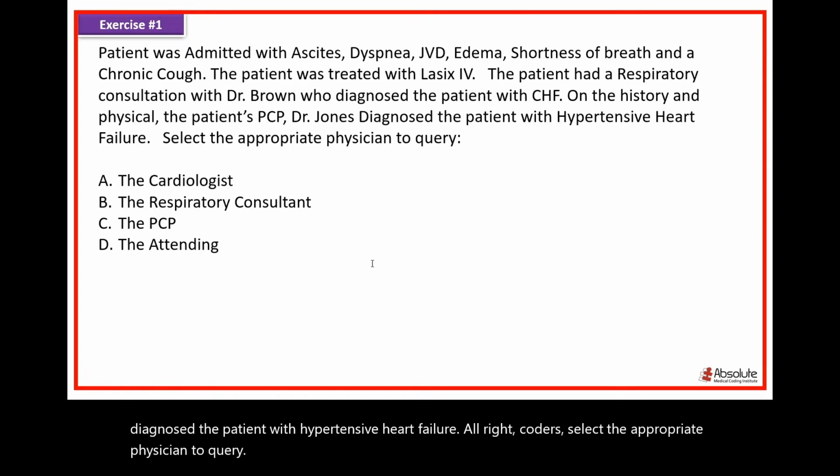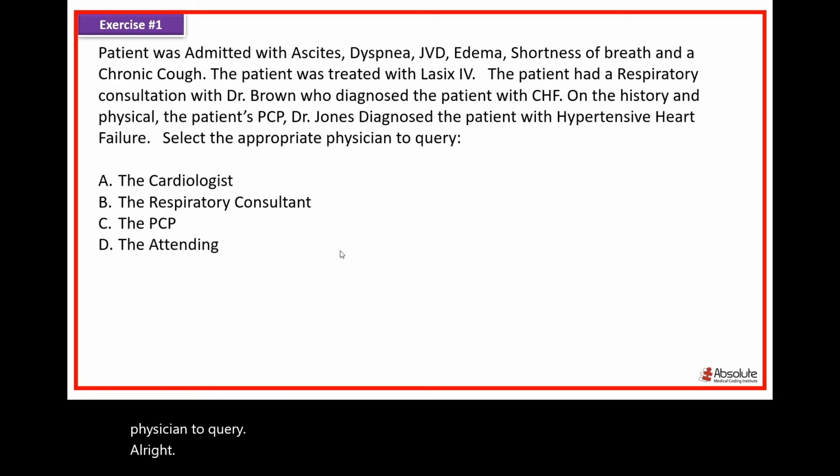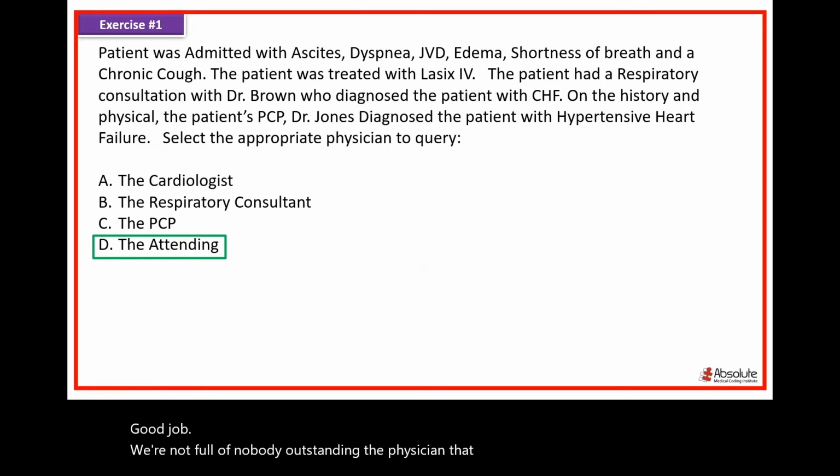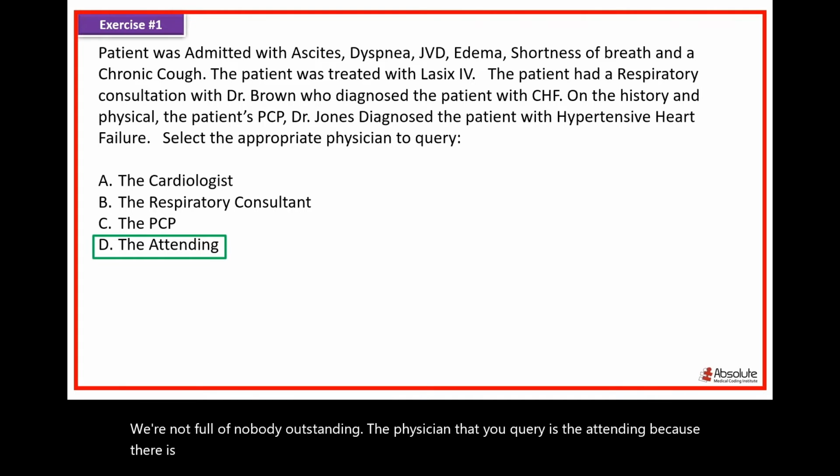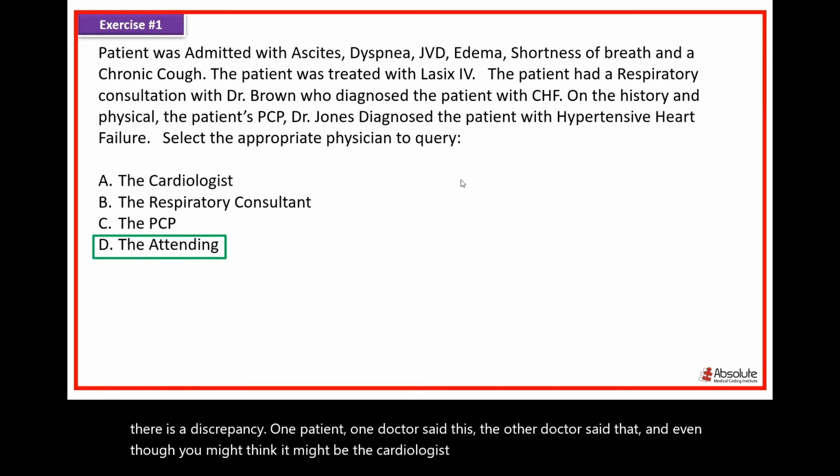Good job. We're not fooling nobody. Outstanding. The physician that you query is the attending because there is a discrepancy. One doctor said this, the other doctor said that. And even though you might think it might be the cardiologist, who says he even saw the patient?